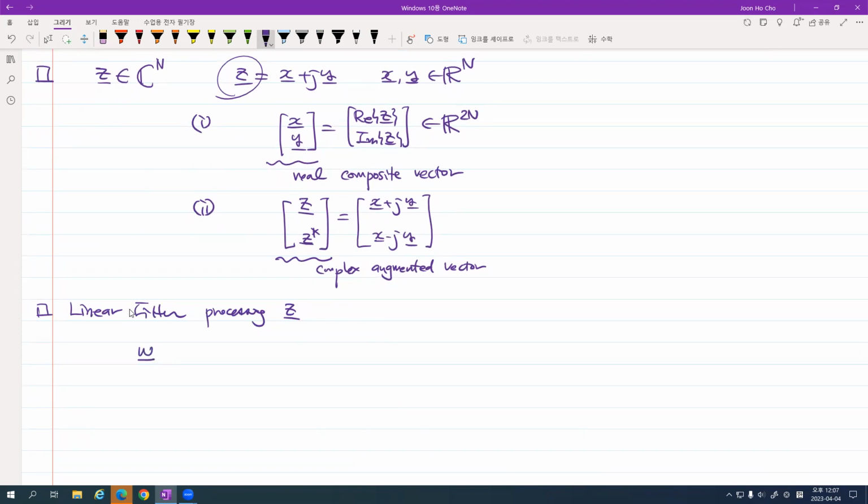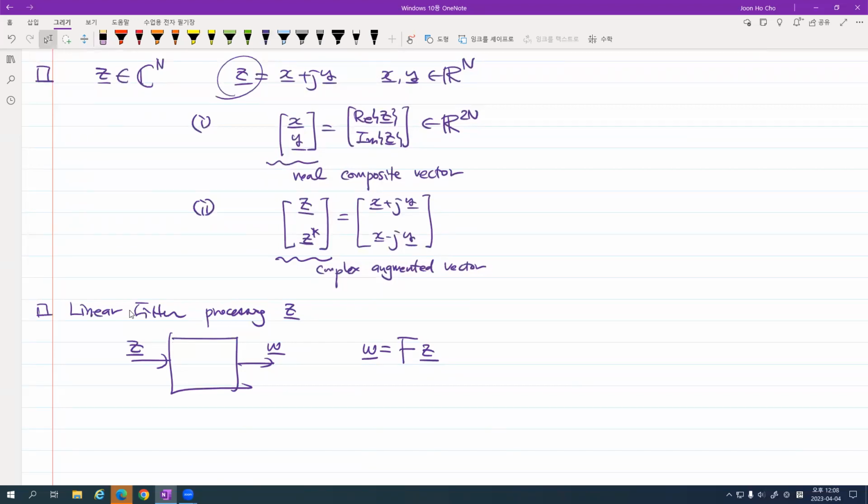The output equals what? Let me draw. Okay, here goes Z. Let's say the output is W. Then linear means usually W equals some matrix, let me say F times Z, right?